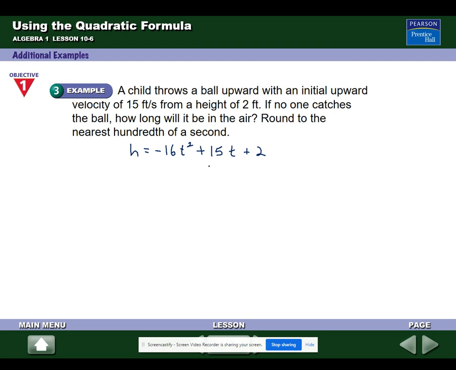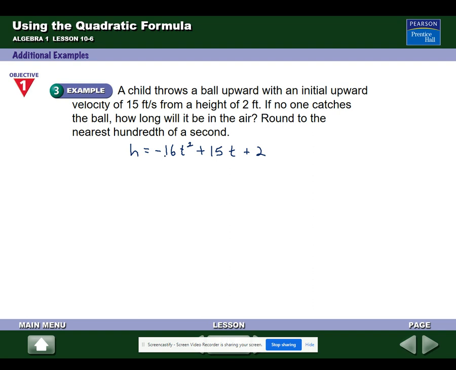I don't know if I did a really good job explaining this the first time I made a video on this. This term right here is the initial velocity upward, okay? And as you plug in small numbers for t, this is going to be the bigger number. However, as t gets bigger, and in this term it gets squared and then multiplied by -16, this becomes the bigger number.